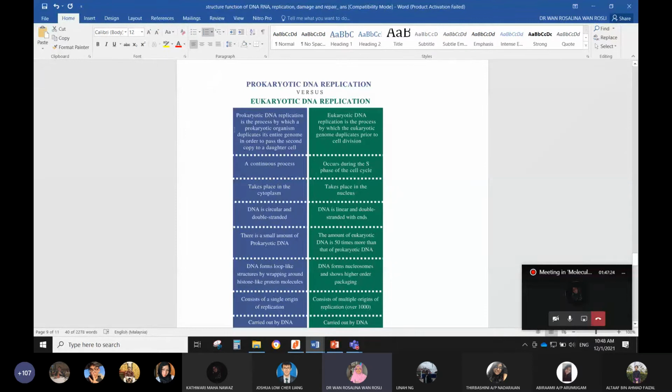For prokaryotic, it is a continuous process, but for eukaryotic, it only occurs during the S phase. Why is it S phase? S is the synthesizing phase. That's why this is the phase whereby you do DNA replication.